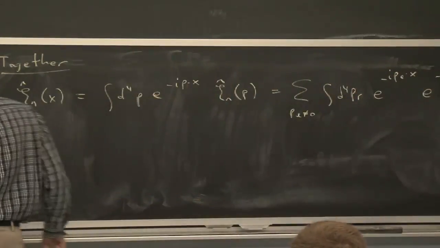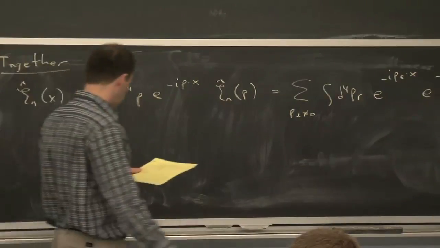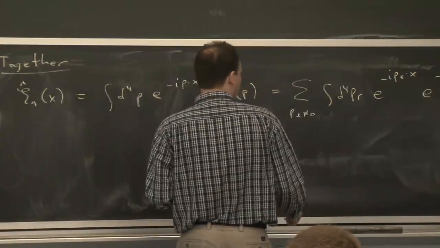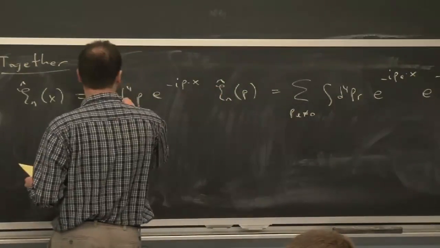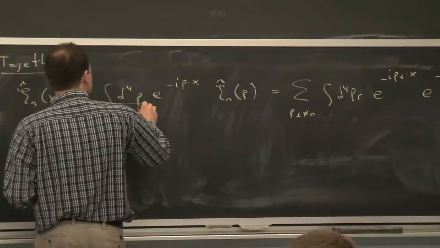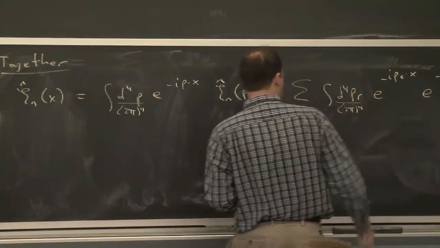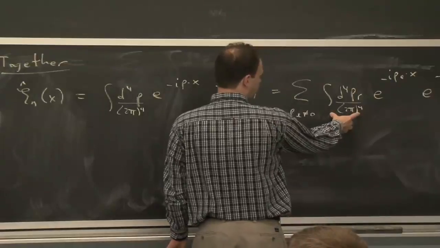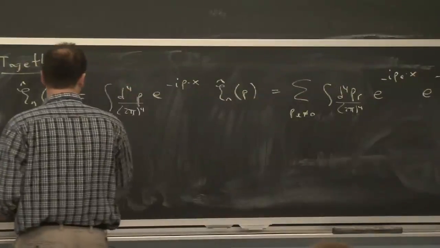And then we decided that we wanted to use this field, and I'm missing some 2 pi's here. So that means we take this measure, we take this phase, we take this guy, and we write it back in terms of that field.